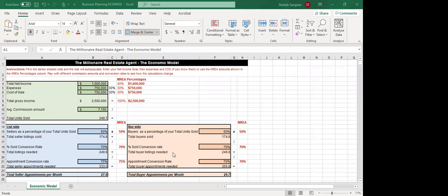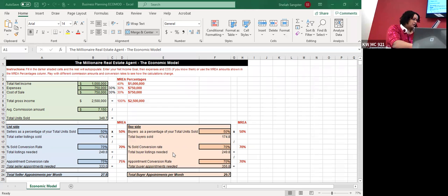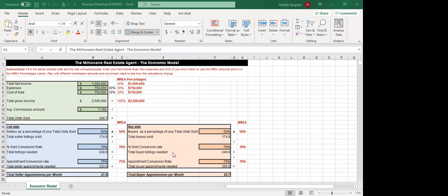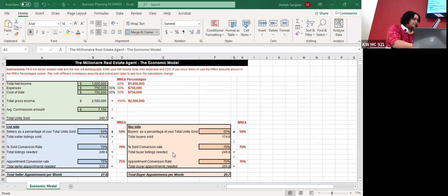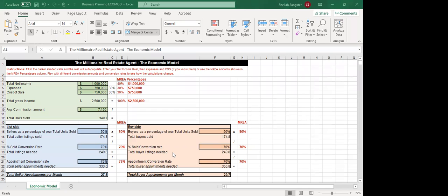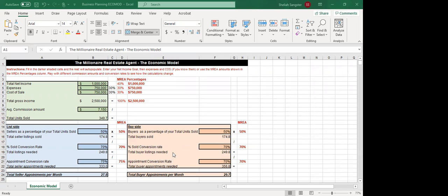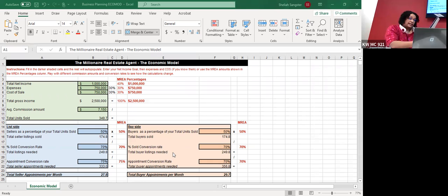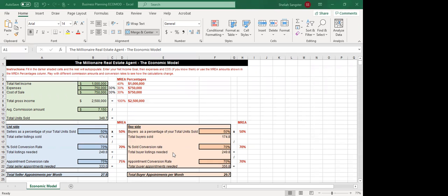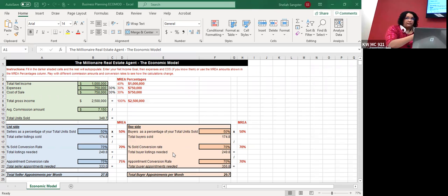It says it provides the number of appointments and units sold to meet your goal, reveals your conversion rates and identifies areas for improvement, allows for mastery over your business, keeps the focus on a profit-first perspective, which is leading with revenue, not expense, helps you keep your budget model in line, provides benchmarks to hold your team or yourself accountable, and allows you to gain insight into your economic decisions before you make them.